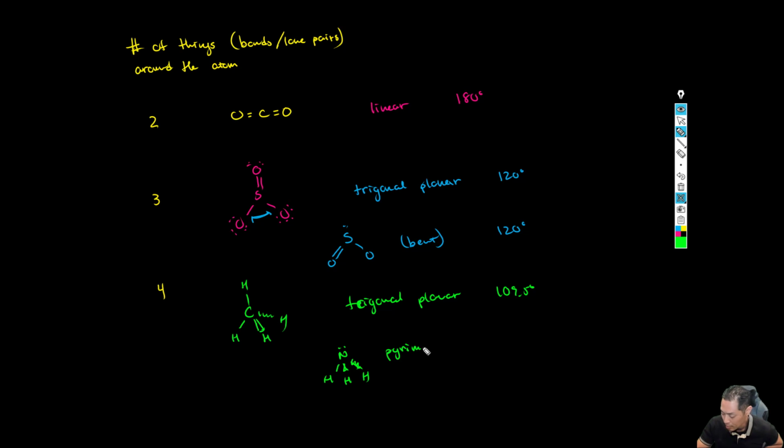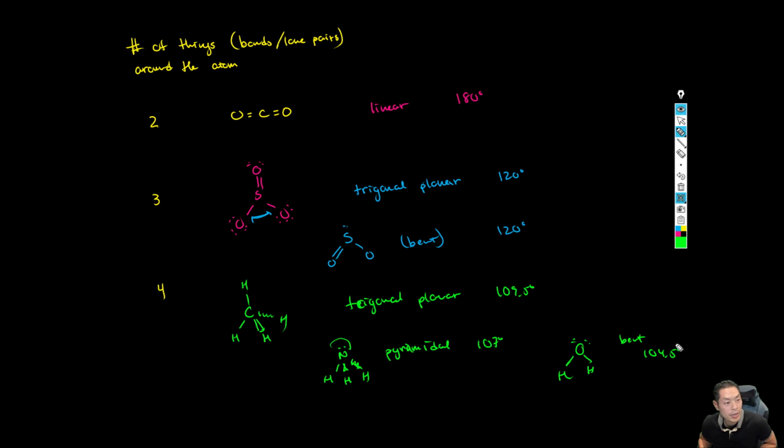Oh well. The lone pair is going to push these bonds a little bit more, so it's going to be 107 degrees. And then the last one is water, where you have 2 lone pairs, and that's going to push those bonds right here even further. And this one's bent, and it'll be 104.5.